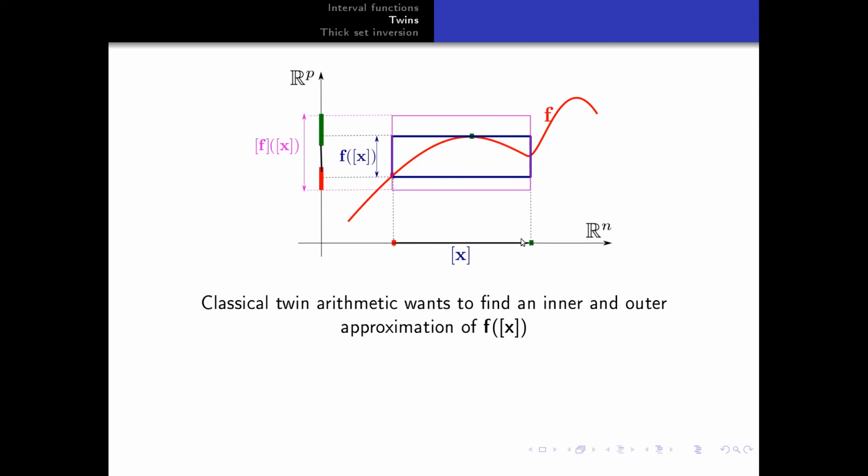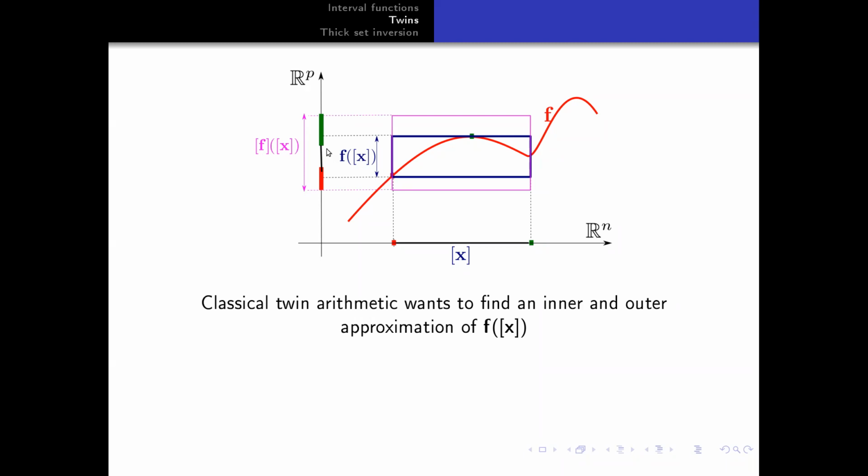So if here I consider an interval, the image of this interval, we call it the range, I call it here f of x. So this range, we can enclose it like this, by what we call this magenta interval, we can enclose it quite easily using classical interval arithmetic.